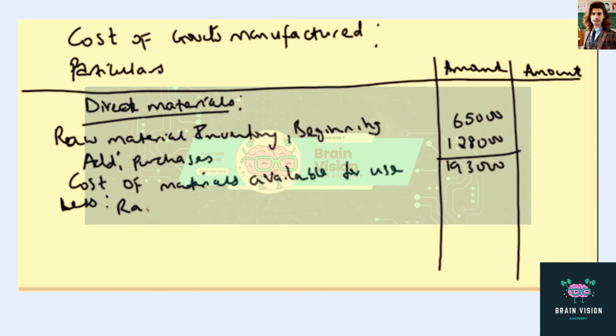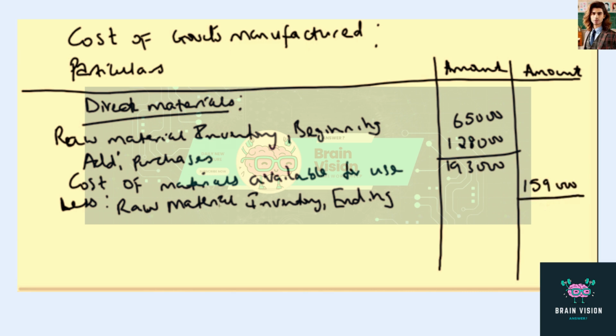less raw material inventory ending. And then that will be 159,000. So when you less that, you're gonna get, oh, I'm so sorry.